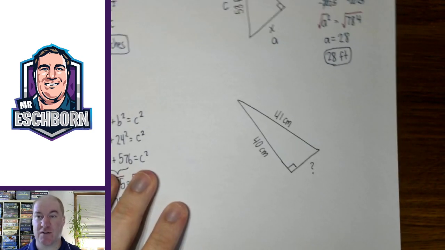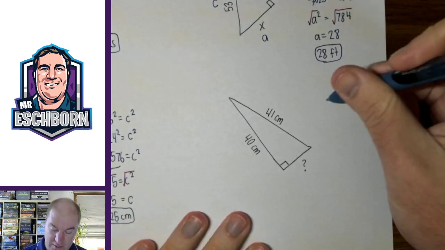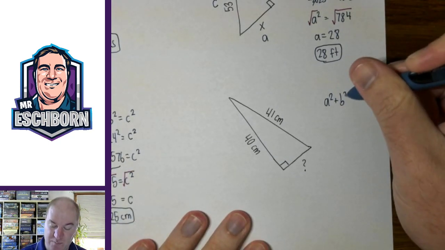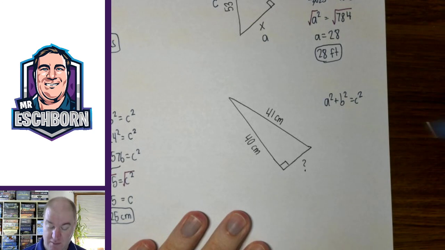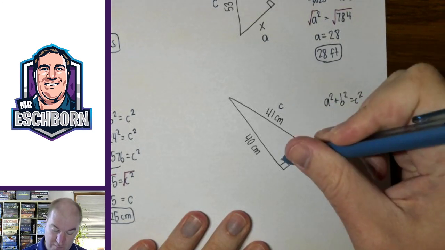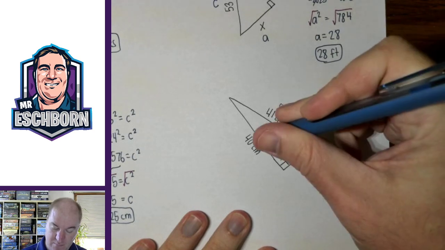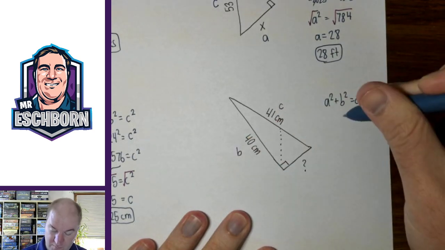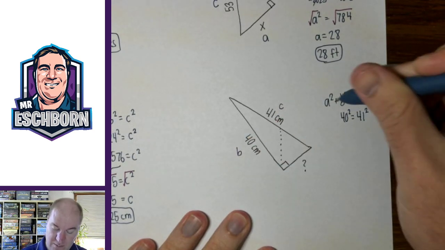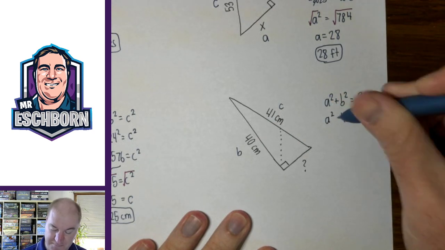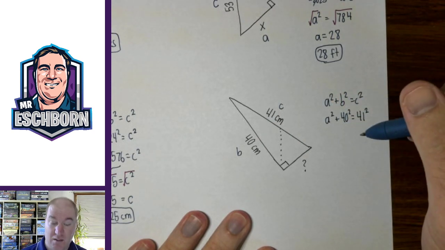All right, and the last question for today. Set it up: a squared plus b squared equals c squared. c is 41, right? It's the side across the right angle. I'm going to say b is 40. And I'm going to say that I'm missing a.